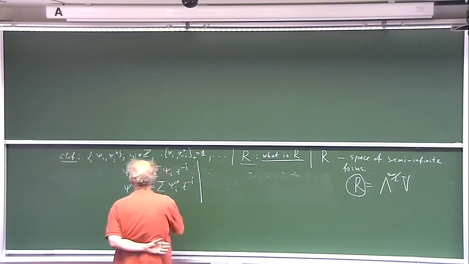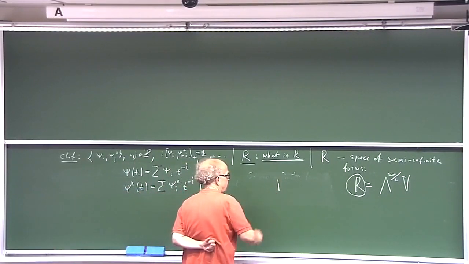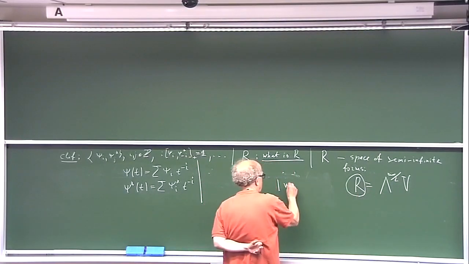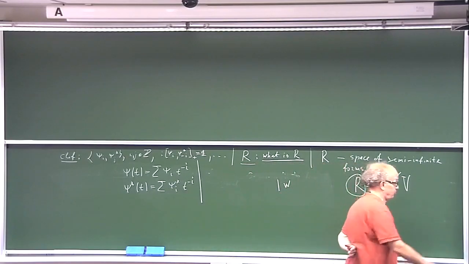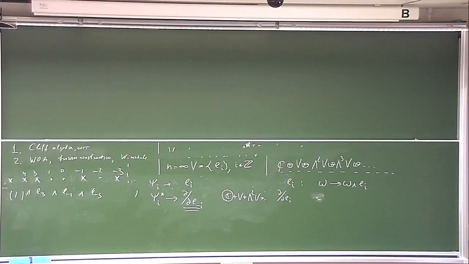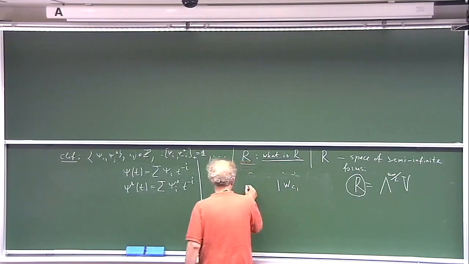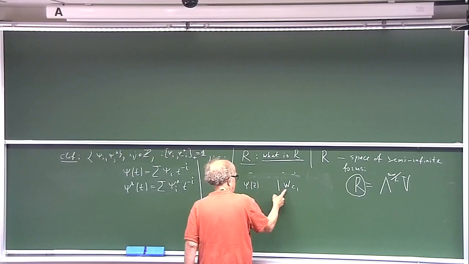But what can be an example of this? I can take some vector here, W, and suppose this vector corresponds to some semi-infinite configuration. It may be configuration C1. Then I apply psi(t1) and psi*(t2) to this vector.